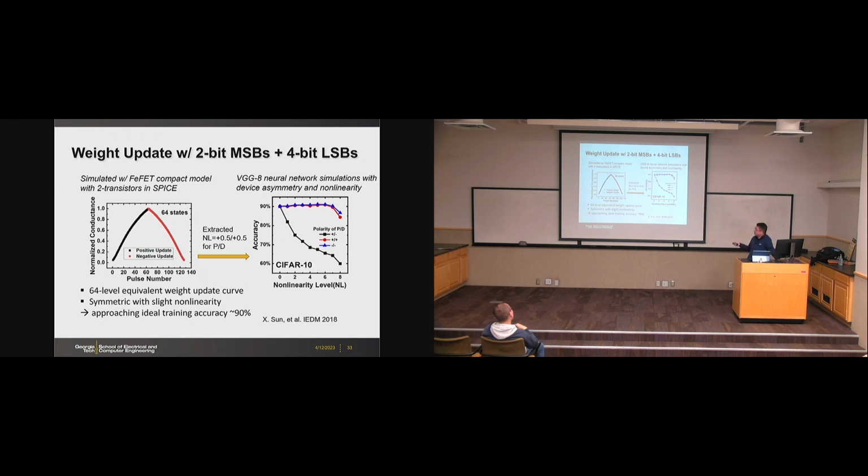With this kind of precision, we can get some accuracy for the CIFAR data set, for example. So this could be a potential solution to the training, because training is still much more difficult for the non-volatile memory.